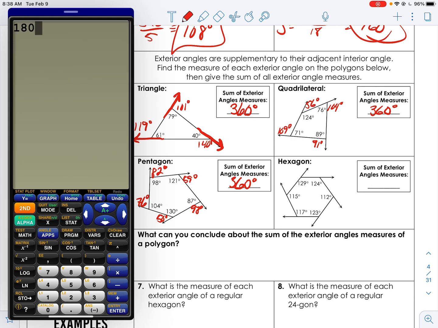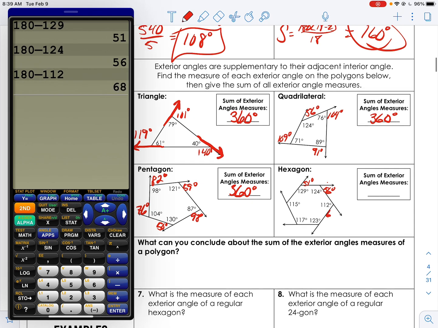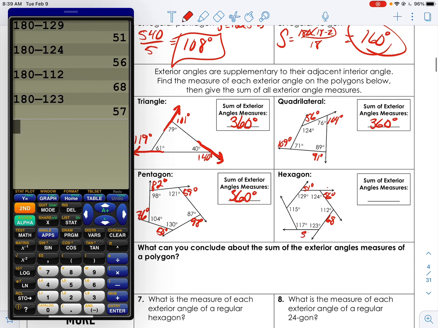Okay, here we go. 180 minus 129 is 51. 180 minus 124 is 56. 180 minus 112 is 68. 180 minus 123 is 57. 180 minus 117, 63. 180 minus 115, 65.